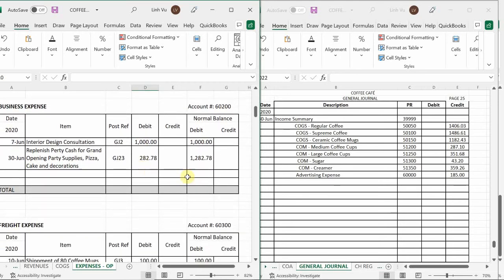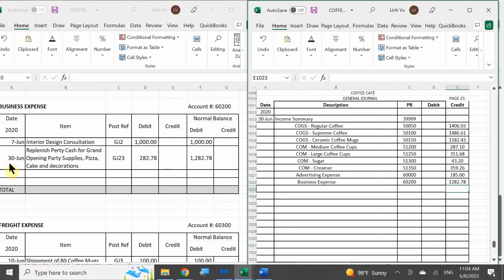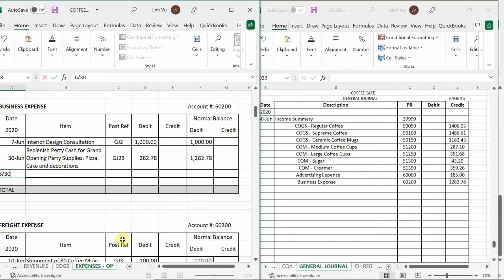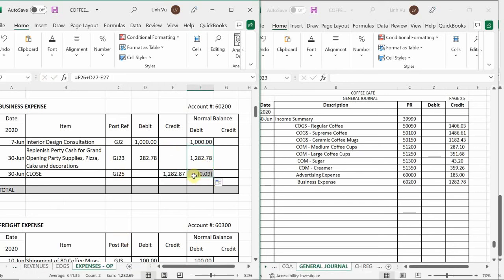My business expenses. Okay, business expense was for $1,282.78. So 1282.78. Okay, so I need to credit that amount out. And that should give you your account balance to 0.